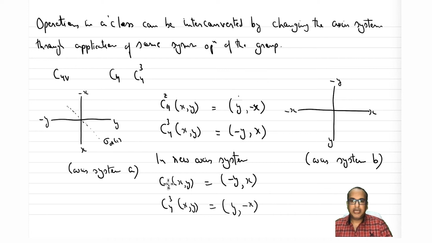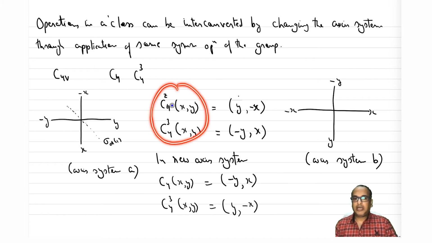Now you see that the effect of C4 was earlier y, minus x, now the effect of C4 is minus y, x. So the effects of C4 and C4 cube are interconverted by changing the axis system, and the axis system is changed by one of the symmetry elements of the group. So what I'm saying over here is that operations in a class can be interconverted.